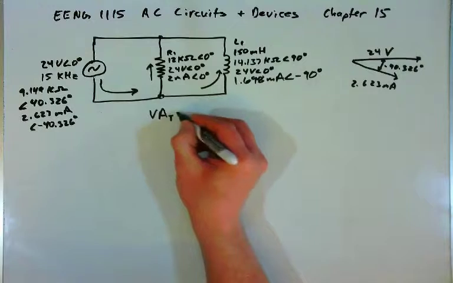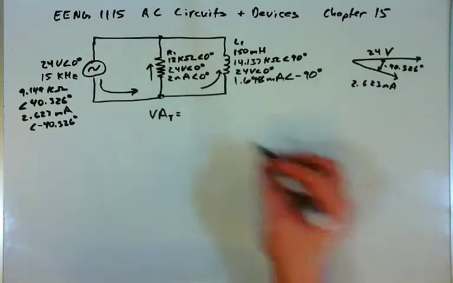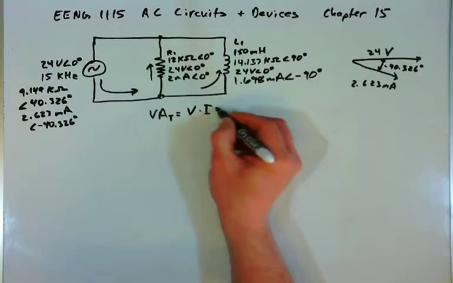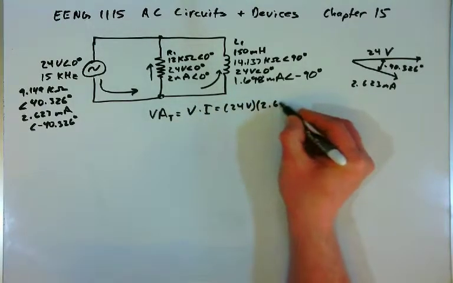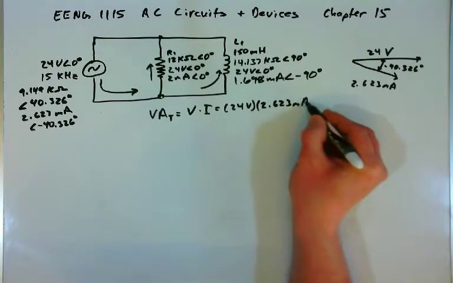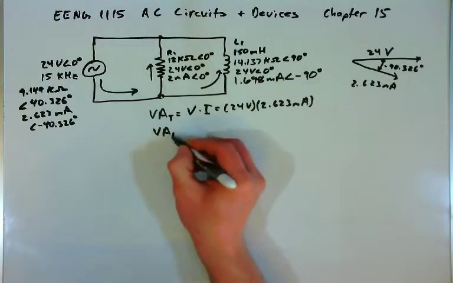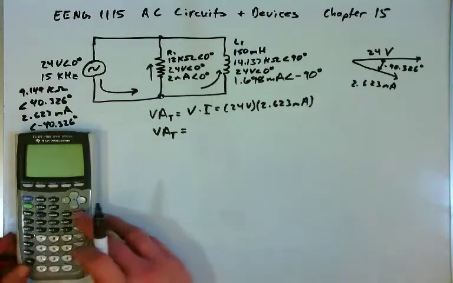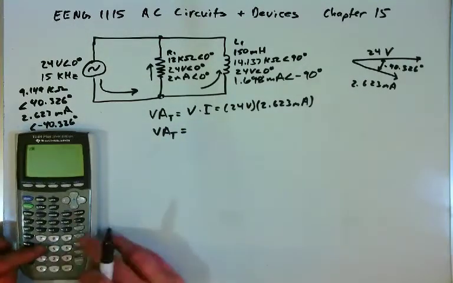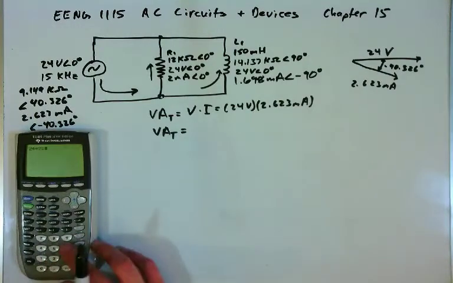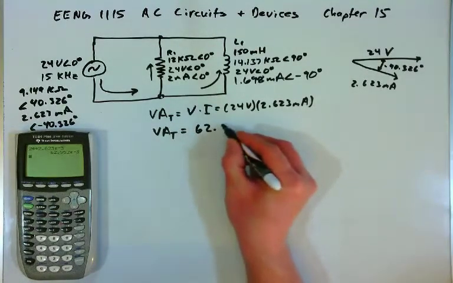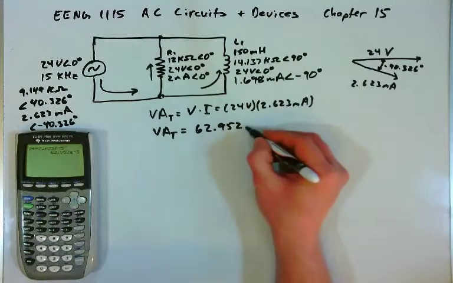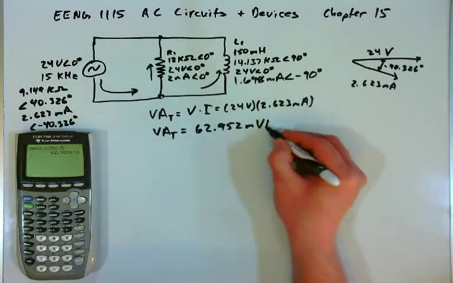The total volt amps of the circuit is going to be just the magnitudes, multiply the voltage times the current. We have 24 volts times 2.623 milliamps, and we have 62.952 milli. The units will be volt amps.